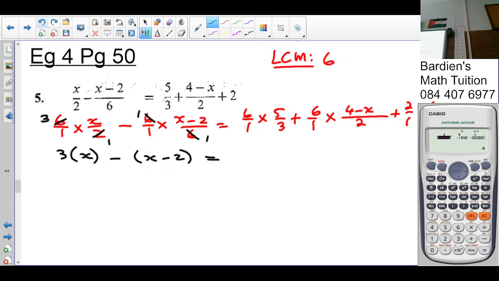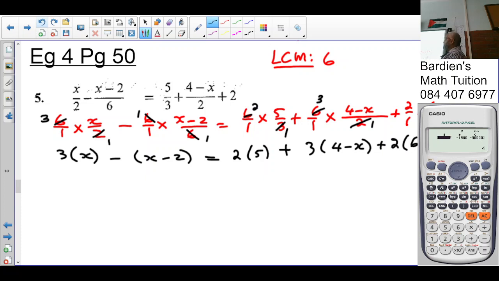Equals 2 times 5. 3 is 4 minus x. No, it's 2, sorry. Nice. What if you wrote 6 into 2, 2 into 6, it's the same. Any confusion with regards to this line here? No. Right. Solve for x here.